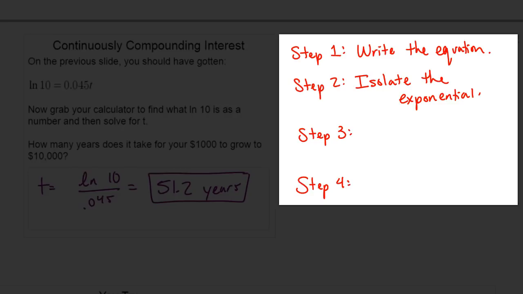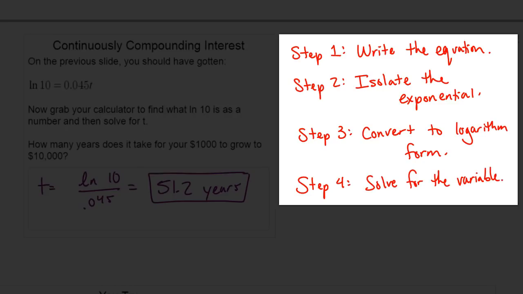Once we get that piece by itself, we're ready for the third step, which is to convert to logarithm form. Once we have it converted, we can go to the last step, which is just to solve for the variable. If you follow those 4 steps, like we did going through this problem, you'll find that these logarithm equations are actually rather simple to solve.